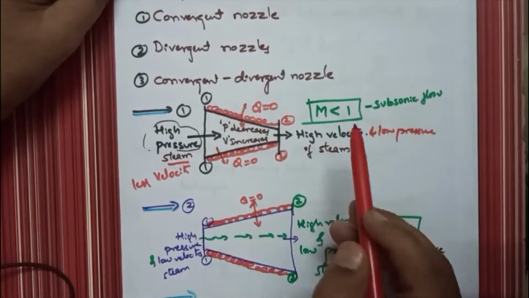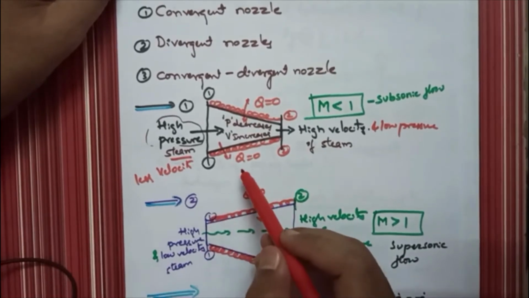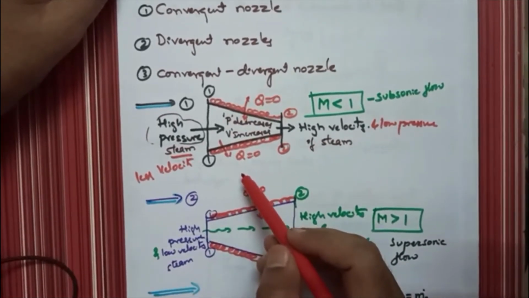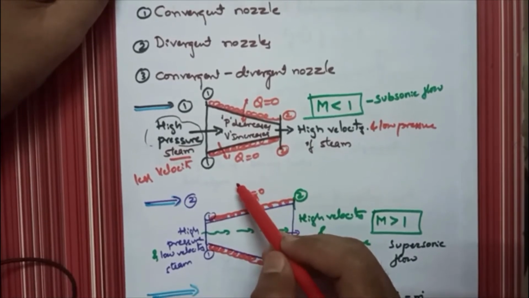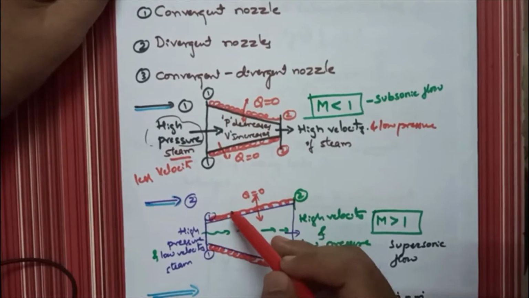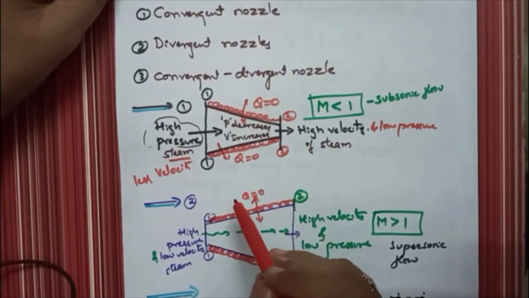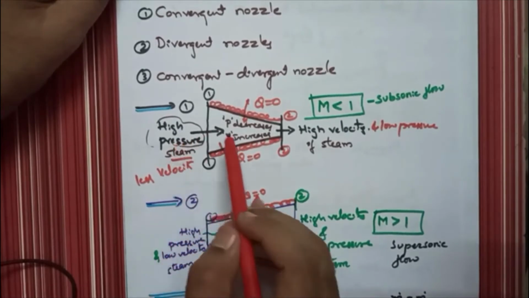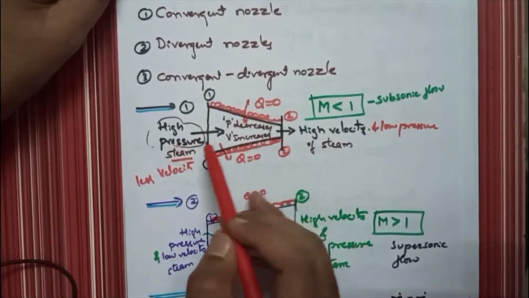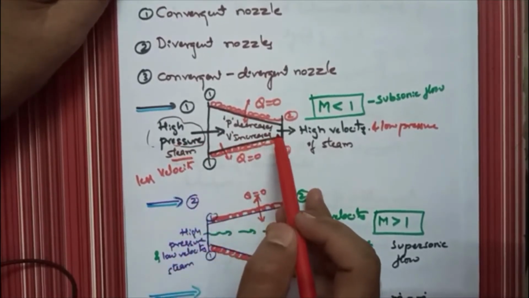And here is one more point you need to remember. Dear students, the basic principle of fluid flow is that the flow of fluid always takes place from high pressure to low pressure. Here at the inlet the pressure is more and at the outlet the pressure is less, so the fluid flow takes place easily.